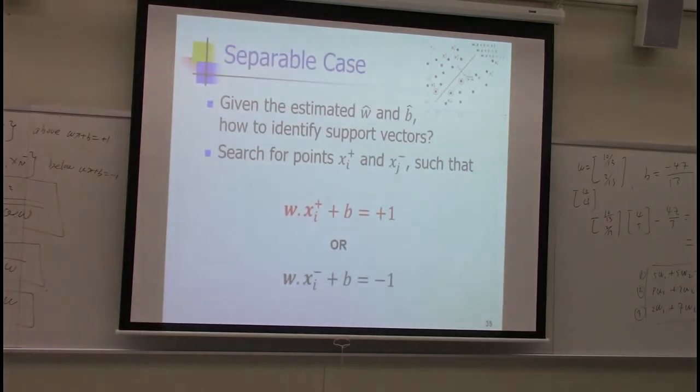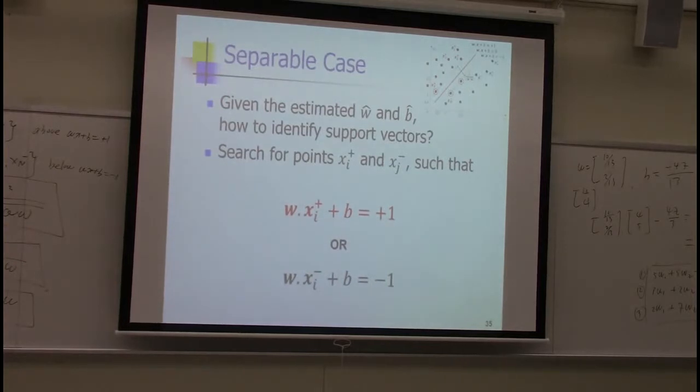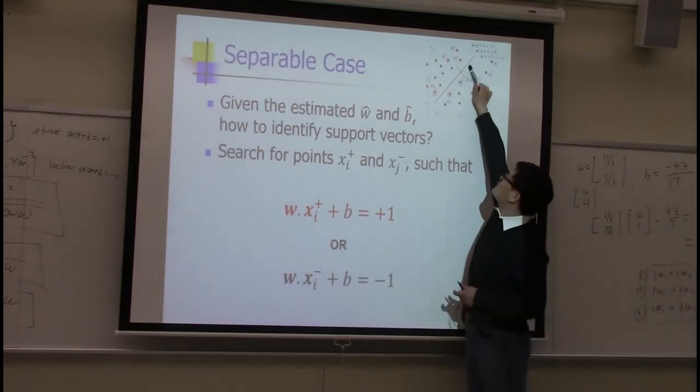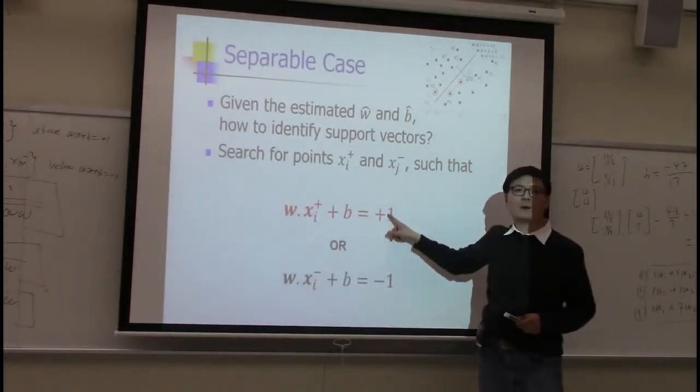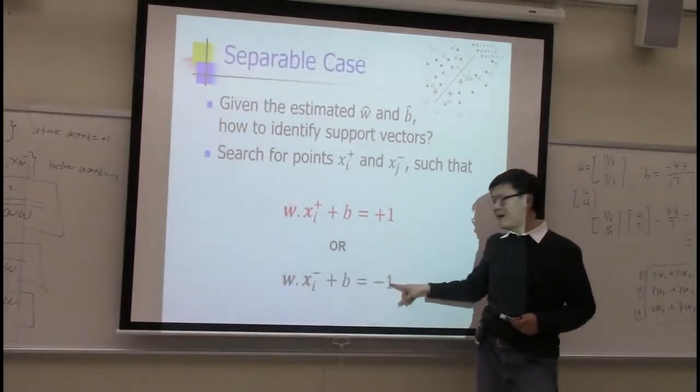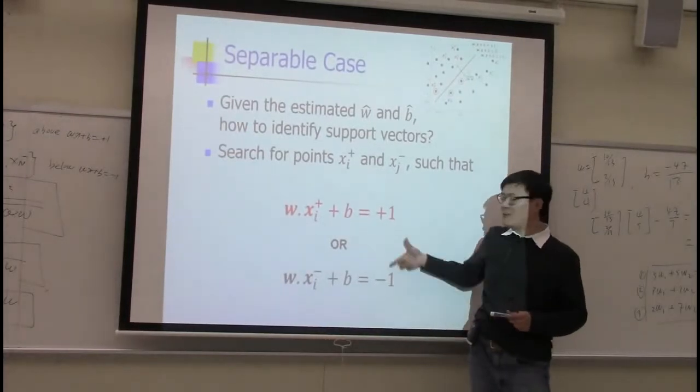So which means if you find some training point where you calculate W x plus b equal to 0, then something must be wrong. Which means W and B definitely something is wrong. Because the margin should not include any points. So which means all your points either equal to 1 or above 1, or equal to minus 1 or below minus 1. Cannot be between.